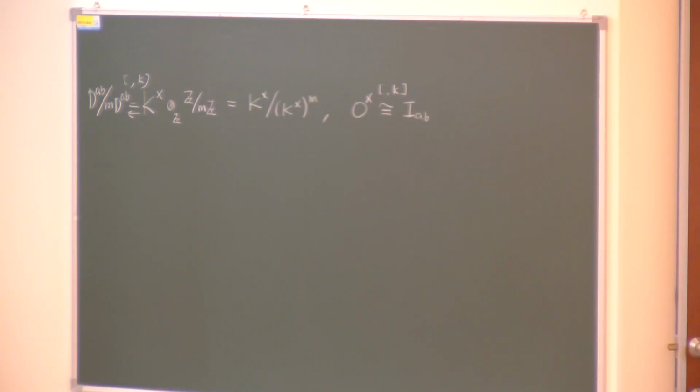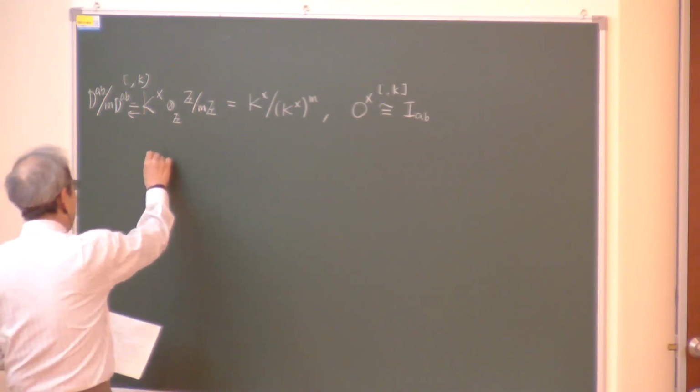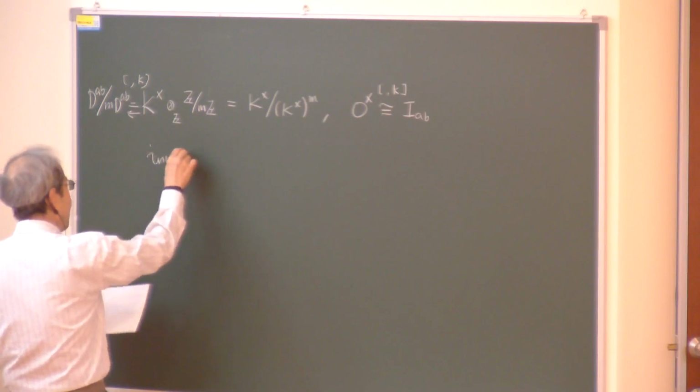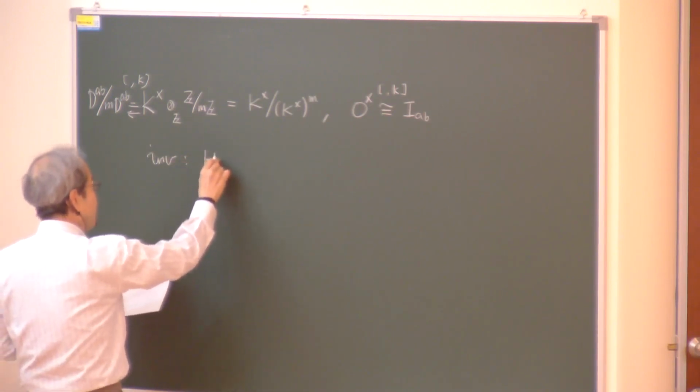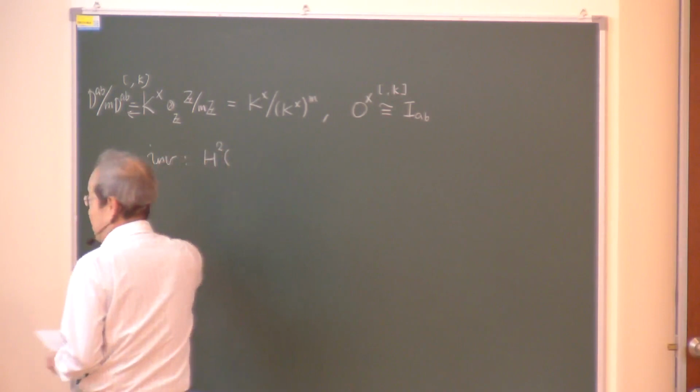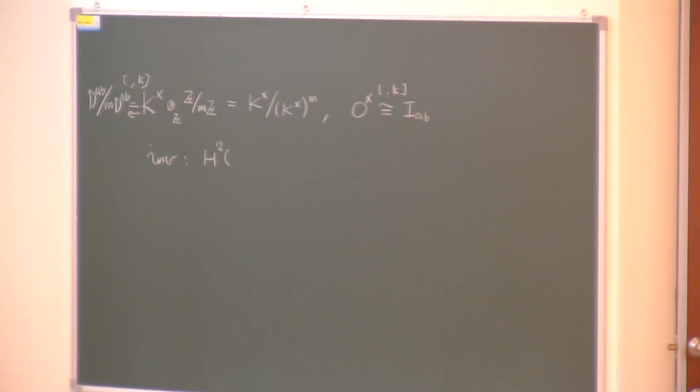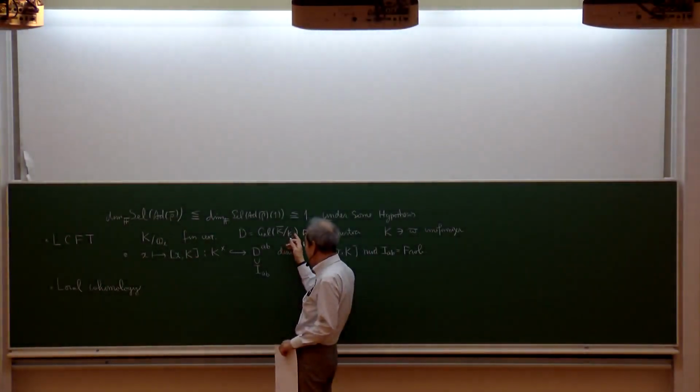And now I need to have something about local cohomology. And this kind of class field theory is made out of this invariant map. That is, you take H2 of this Galois group, the absolute Galois group G. When I write a cohomology of G, I just put K in it.